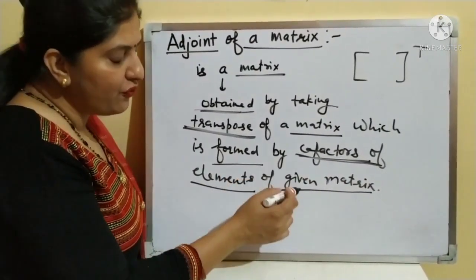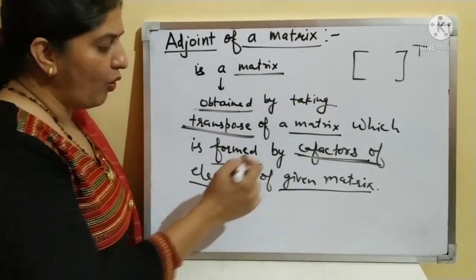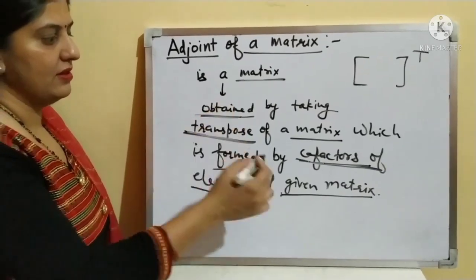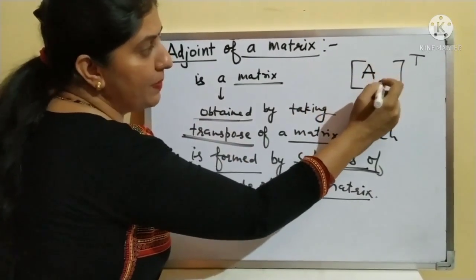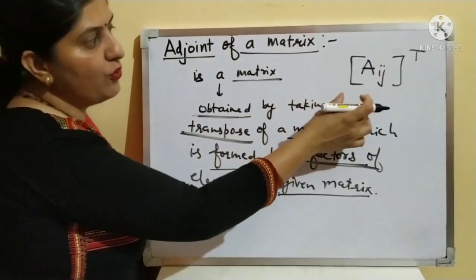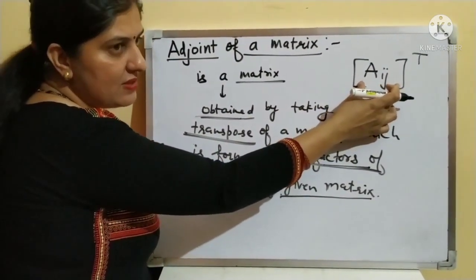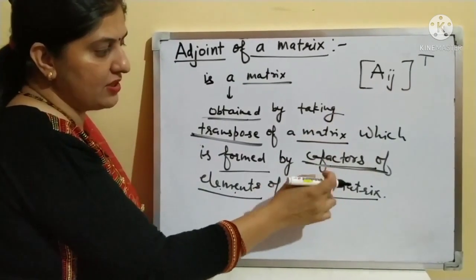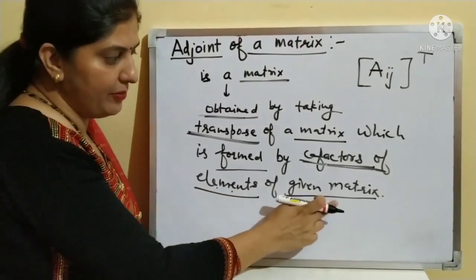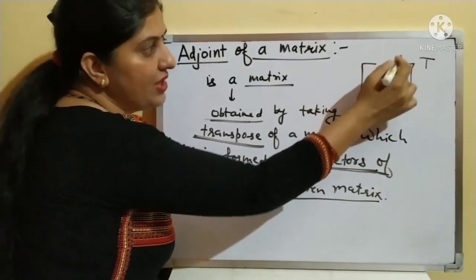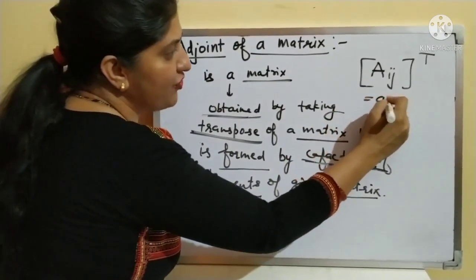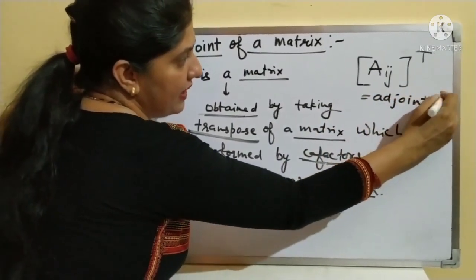Means you have to find cofactors of all elements of the given matrix, and cofactors are represented by capital A. So you have to first form a matrix by using cofactors of all elements of the given matrix. Then we have to take transpose of this matrix and we get adjoint of A.